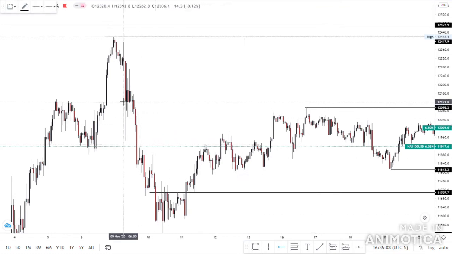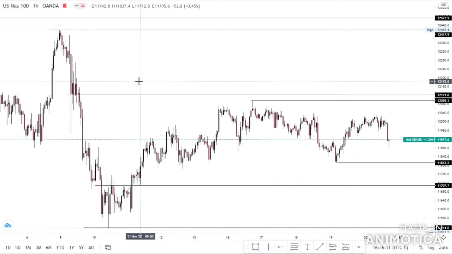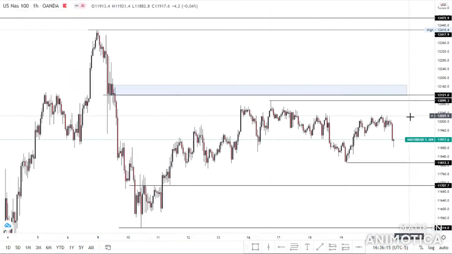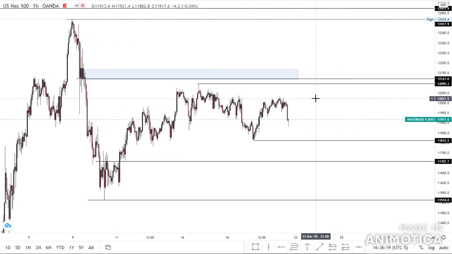So then I'm just gonna mark out this right there so that we have a zone, right. Something like that. All right, so then this is on the 1 hour time frame, okay. Obviously we have highs right here, so we have a lot of highs that need to be broken, and obviously there's liquidity right here.